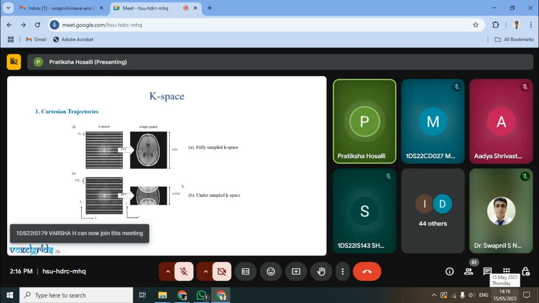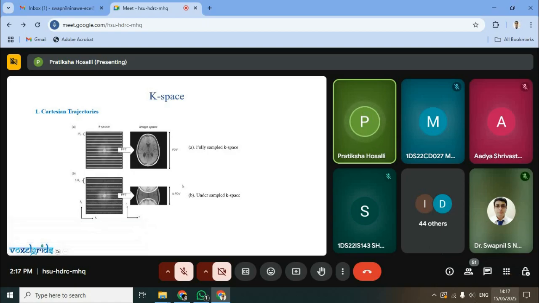So there are so many different types of image reconstruction methods. It involves image processing, computer vision, machine learning. So many things come into the picture.